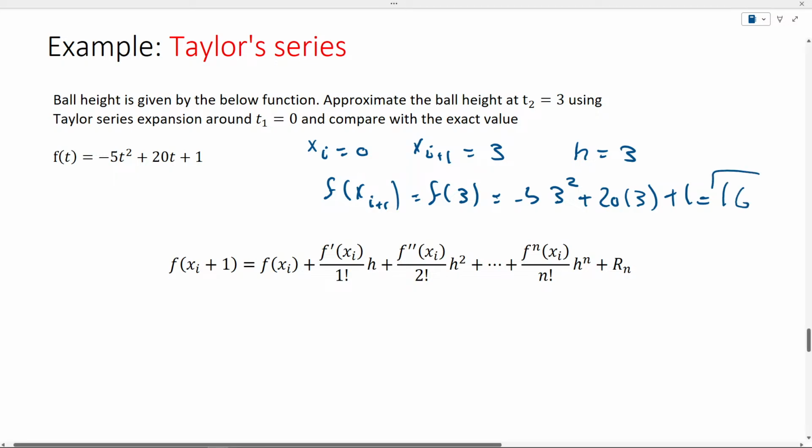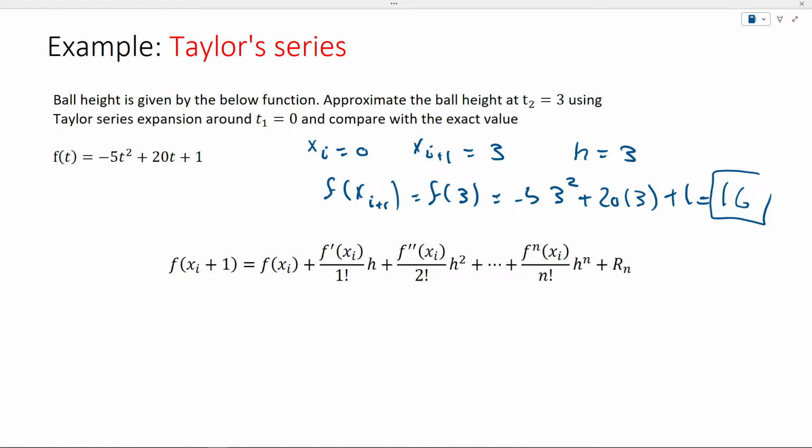Yeah, so that's the exact solution. I just wanted to get the exact solution by substituting here, so that I will know. By looking at this, I know that up to the second degree approximation would be sufficient because this is a second degree function.